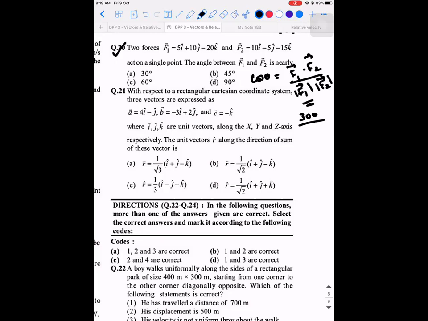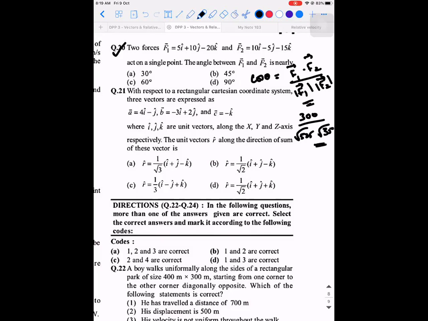300 divided by root of 25 plus 100, 125, 125 plus 400, root 525, into square root of 100 plus 25, 125, 125 plus 225. How much is it? 350.